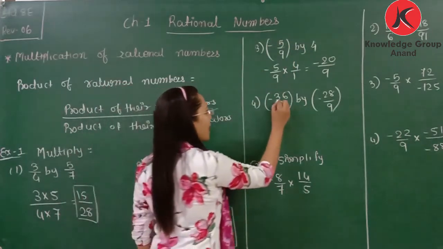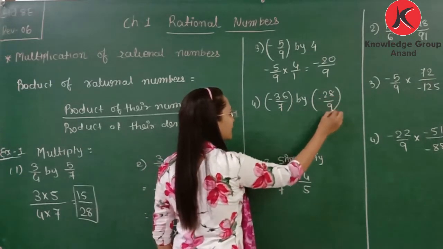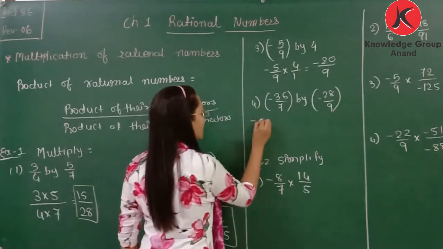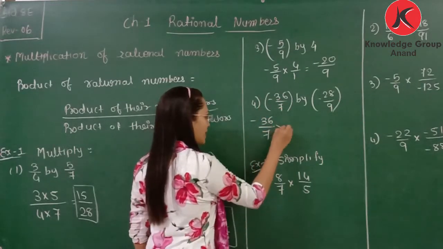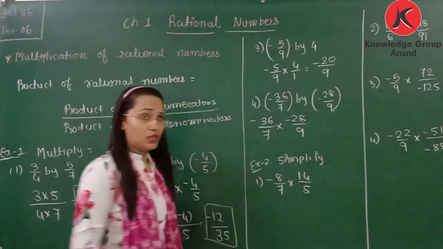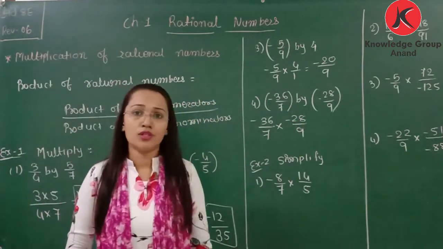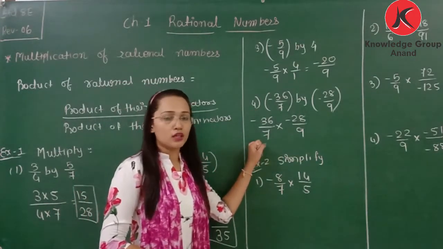Now next one, minus 36 by 7 multiply with minus 28 by 9. As I told you, whenever there is a common factor between numerator and denominator, you can cut the common factor.